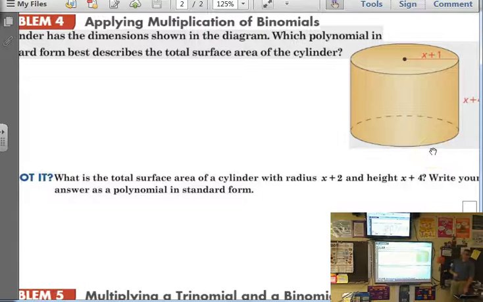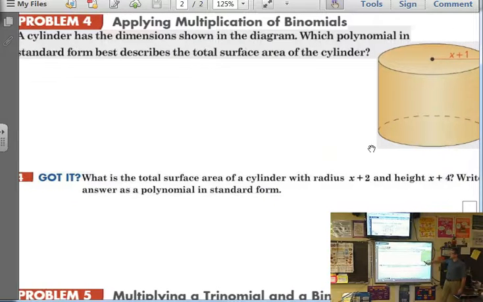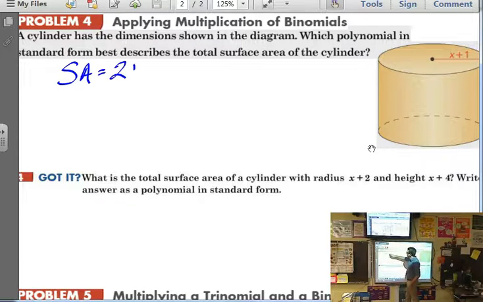So write the polynomial that describes, what are we trying to find? The surface area of our cylinder. So we know our formula that our surface area is 2 times the base plus the lateral area.